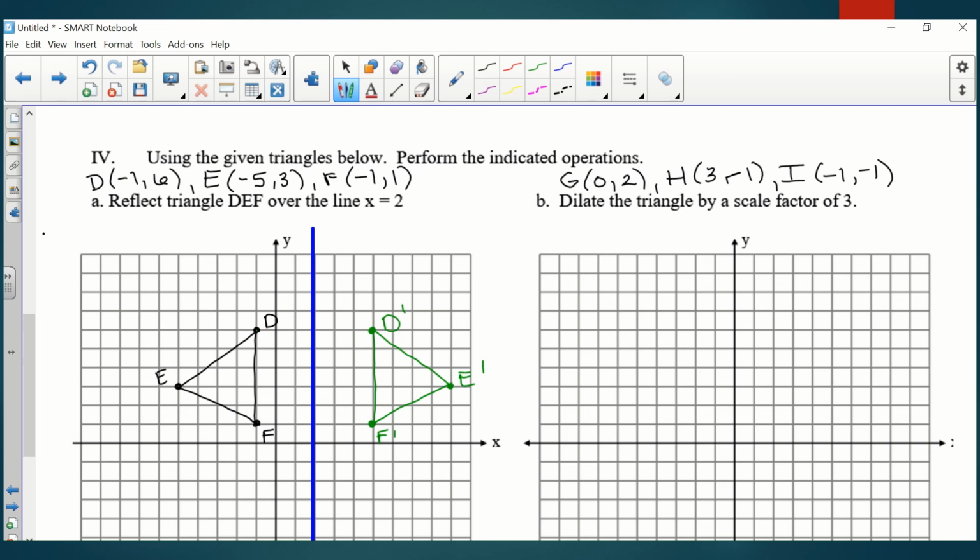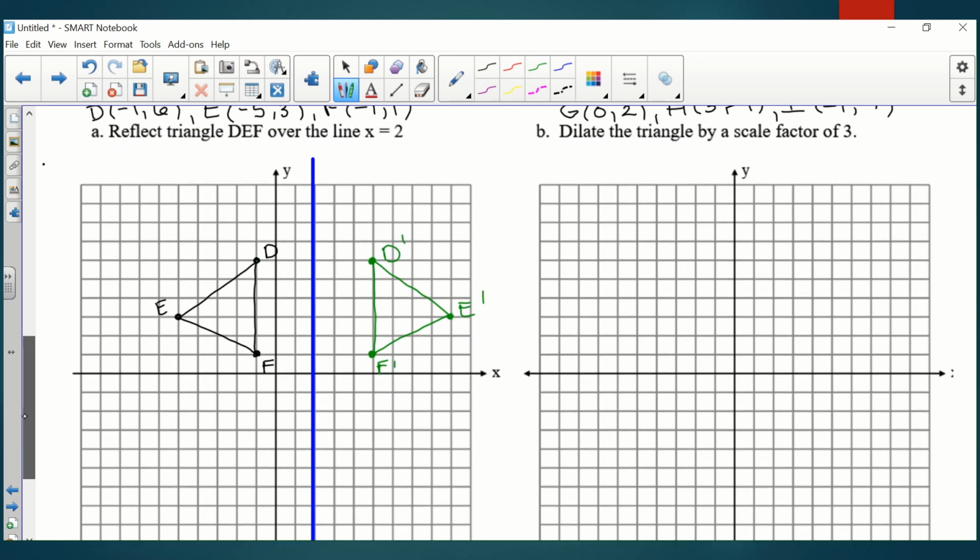Okay, so let's graph the original triangle here, GHI. So 0, 2 is G. 3, negative 1 is H. And then negative 1, negative 1 is I. So we're going to graph this original triangle.